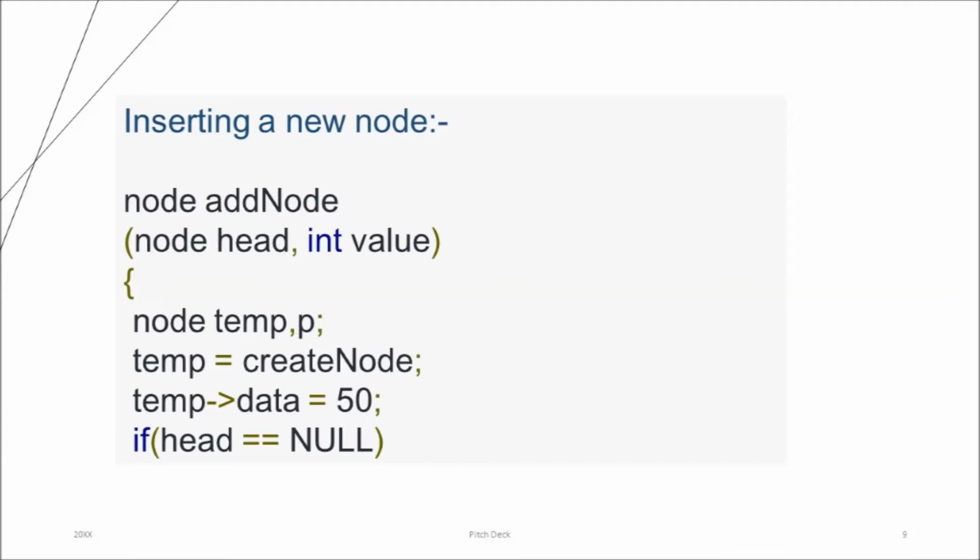If head, which means the first pointer, is equal to null, then head equals temp, so the temporary pointer becomes the head node, the first node. Or else, another temporary pointer P is equal to head, and we use traversing.